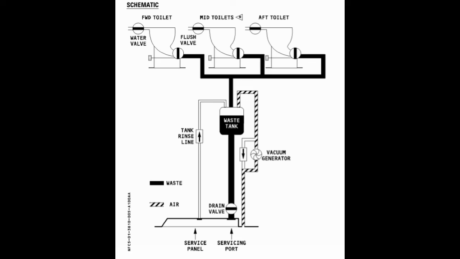The servicing cart will manually open the drain valve, and just by gravity the contents of the waste tank will empty into the truck, and then a discharge of a disinfecting water solution will be pumped into the tank rinse line, flushing out the tank, and servicing will be done.